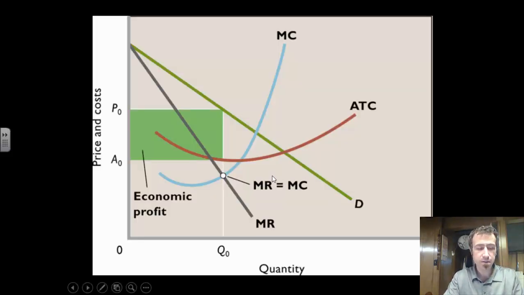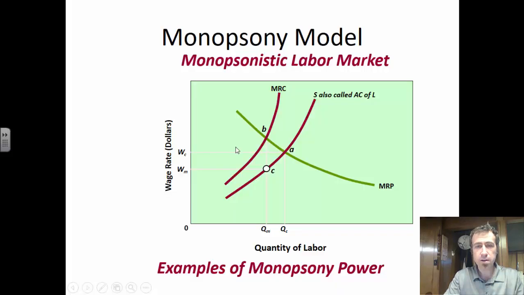The monopoly curve, again, you've got marginal revenue, marginal cost, and you go up to the demand line and go across to figure out the price that the monopoly is going to charge for its products. And of course, you go down from where the marginal revenue and marginal cost intersect to find how many outputs they're going to make, right? So very similar. One, you're going up to demand. The other one, you're going down to supply.